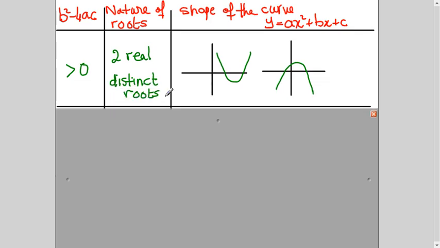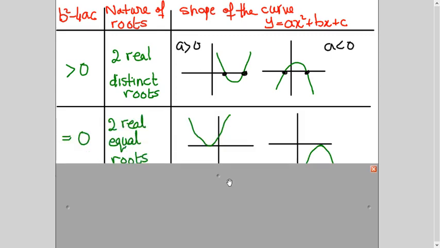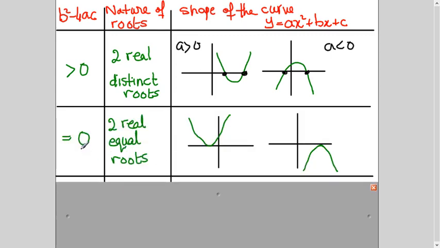If b square minus 4ac is greater than 0, as I have just shown you, you get two real distinct roots, which means the graph will have this type of shape, depending on whether a is positive or negative. But it will intercept the x-axis at 2 points, and that's why you get two real distinct roots. Now, if b square minus 4ac is equal to 0, then you get two real equal roots.